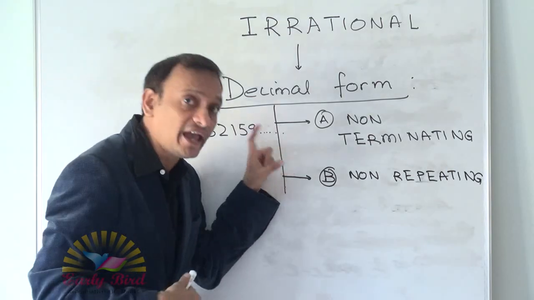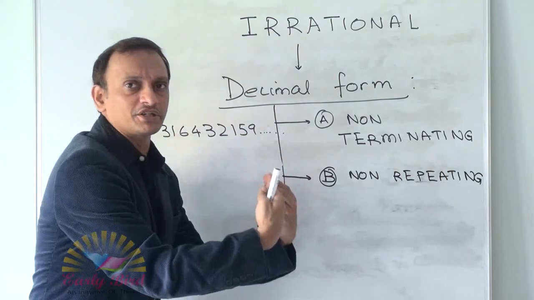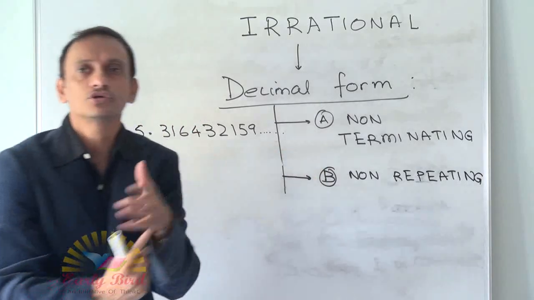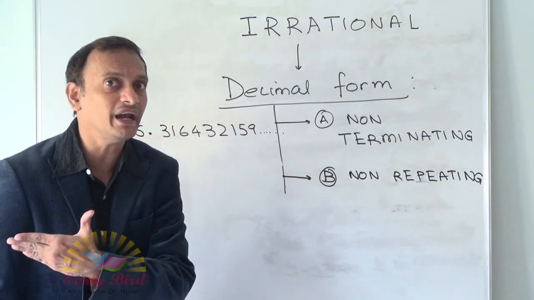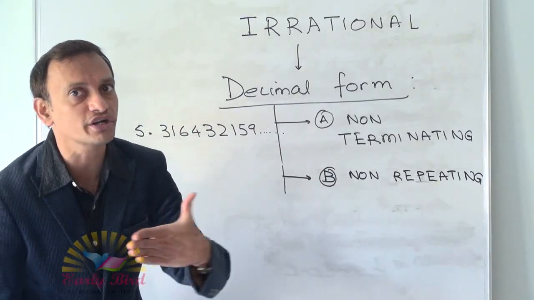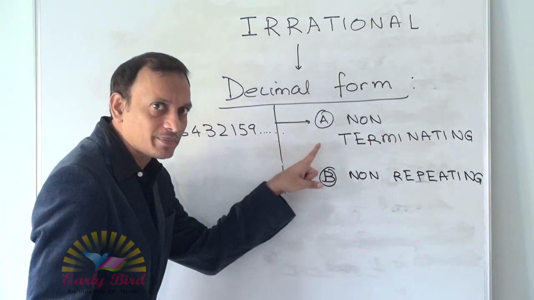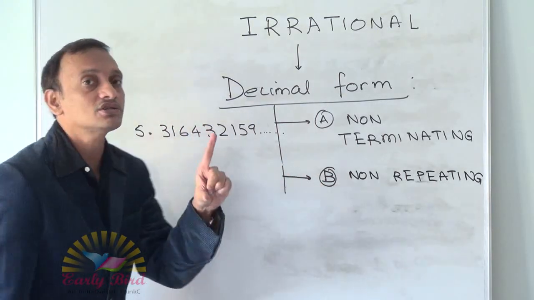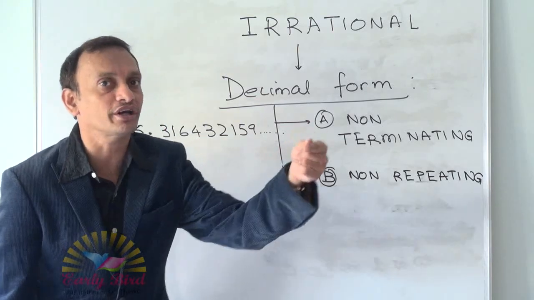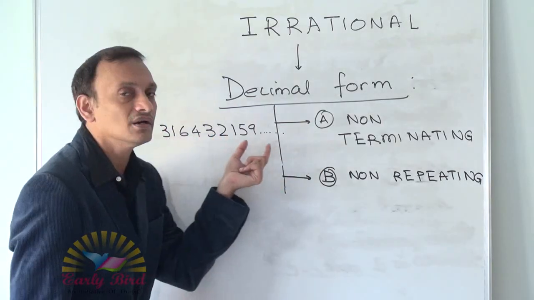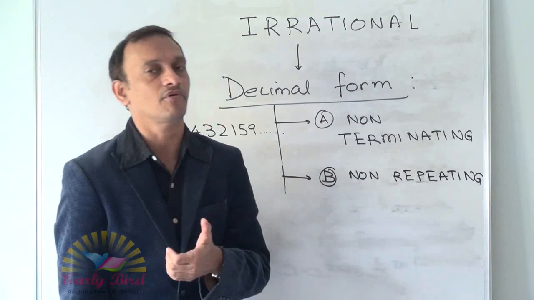This chain doesn't end. And there is no repetition. Do you see that there is no repetition here? No repetition occurs. Non-terminating, non-repeating or non-recurring. Non-terminating, it's not terminating anywhere. And it's also not repeating or recurring. The portion after the decimal is not repeating in any form.